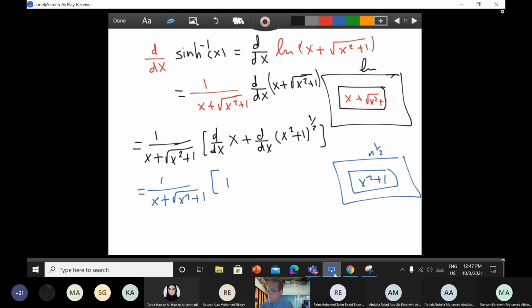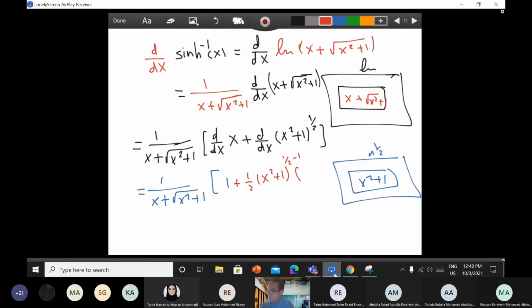And then you have to subtract 1 from the power. So you have half minus 1 times what is inside this one, the derivative d by dx for x squared plus 1.